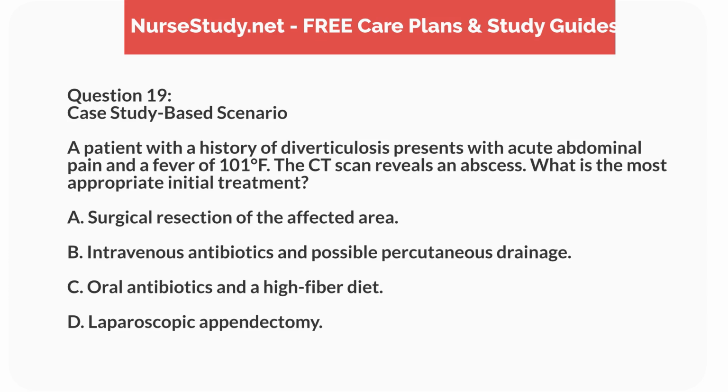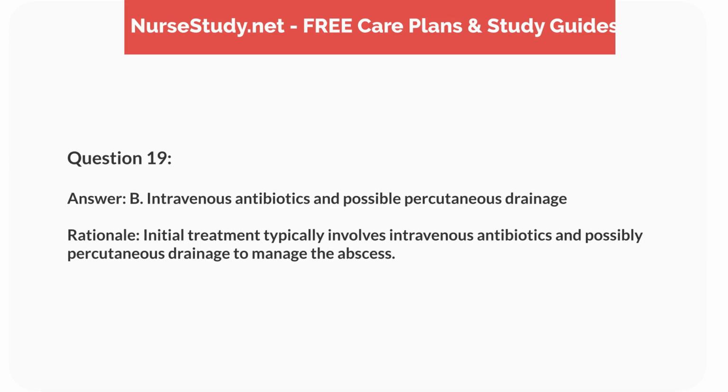C. Oral antibiotics and a high-fiber diet. D. Laparoscopic appendectomy. Answer: B. Intravenous antibiotics and possible percutaneous drainage. Rationale: initial treatment typically involves intravenous antibiotics and possibly percutaneous drainage to manage the abscess.